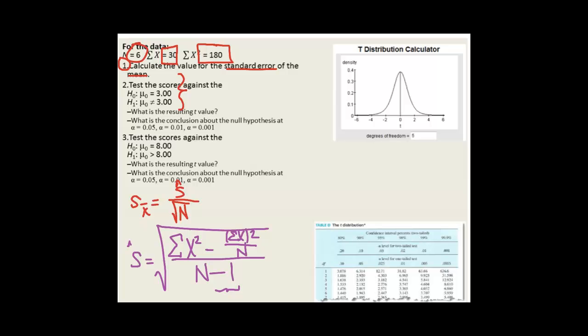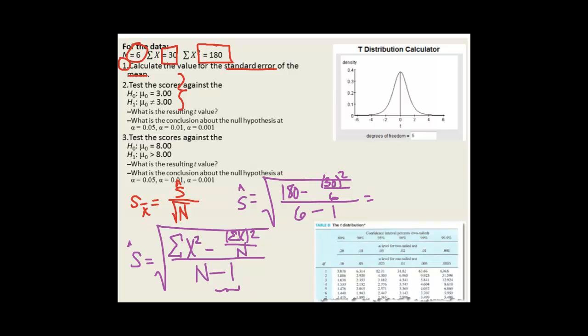So now I'm going to just plug and chug in my values. S hat is equal to the square root of 180 minus 30 quantity squared over 6, all over 6 minus 1.